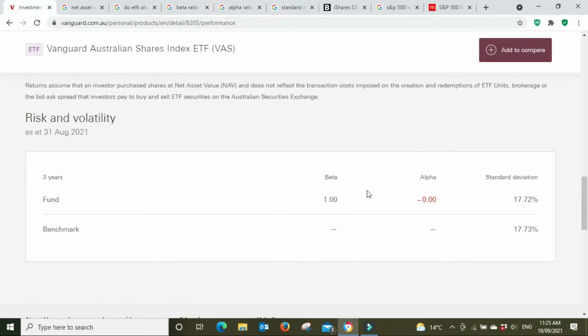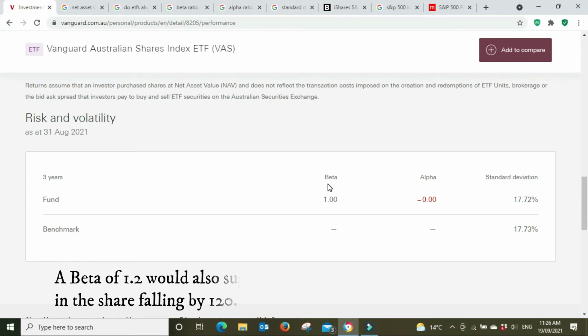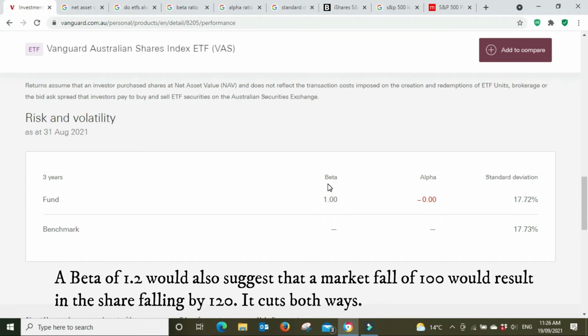What that basically means is, if the beta here is greater than 1, if the market went up, say, 100 points, then this share, VAS in this instance, you might expect it to go up 120 if the beta was 1.2. So it's a little bit more volatile.